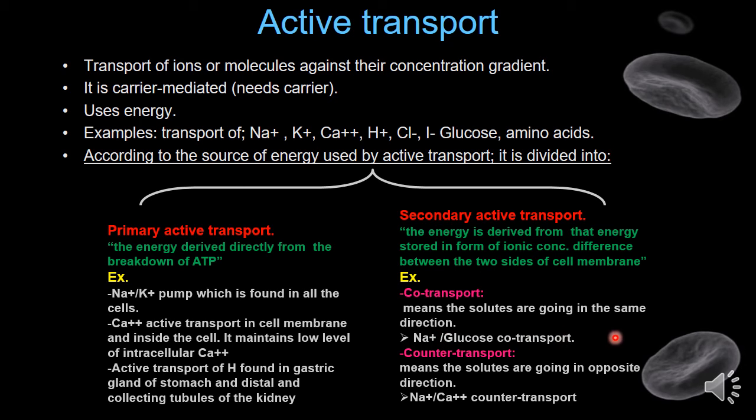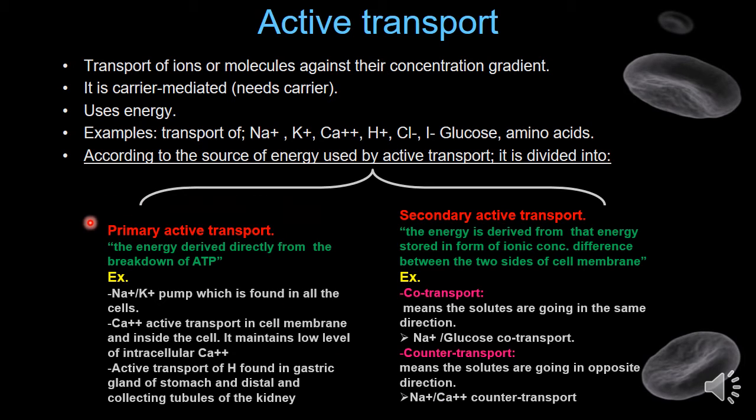This is called co-transportation. If the movement of the two solutes is opposite, it is called counter-transportation. Sodium and calcium counter-transportation: sodium is moving from outside to inside, calcium from inside to outside, opposite to it.